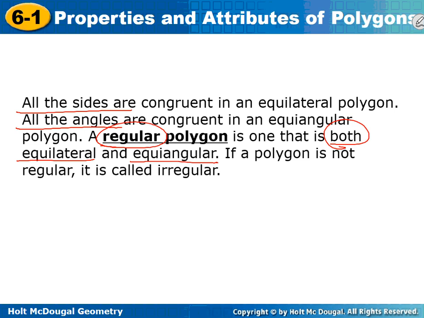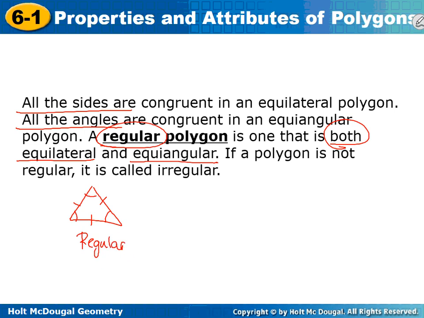Name a shape that we learned last semester that if it is equilateral, it is also always equiangular. Triangle. So a triangle that is equilateral is also equiangular, and so therefore it will be regular. So everybody with me? If it's equilateral, it is also equiangular, therefore it is regular.